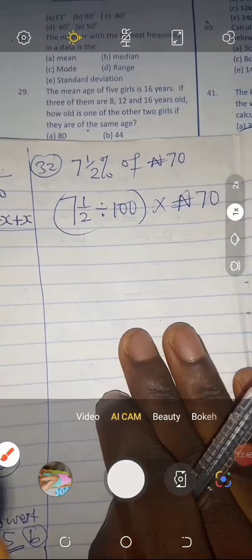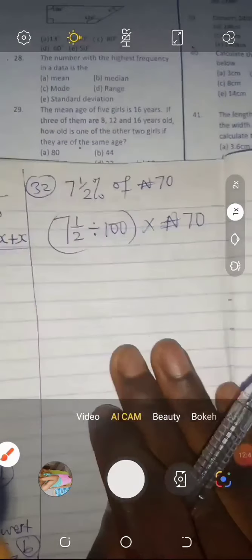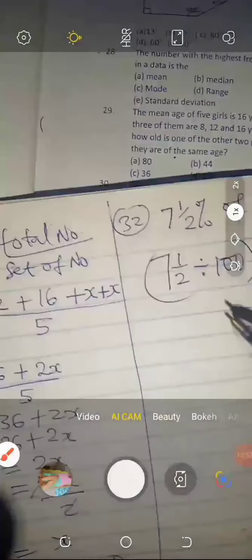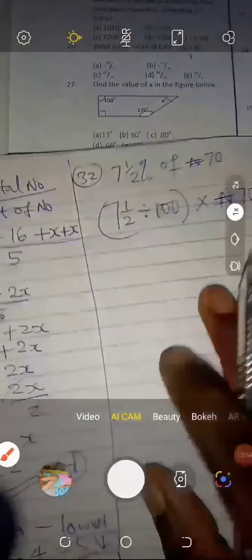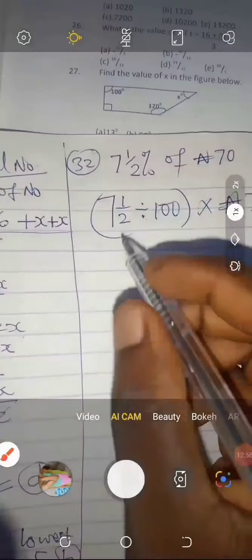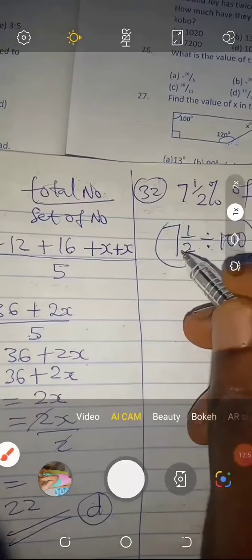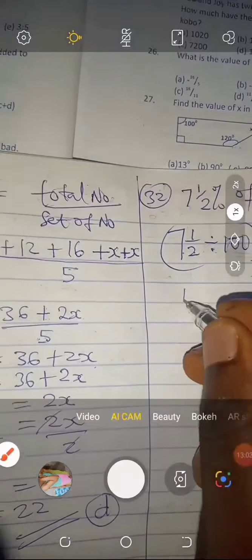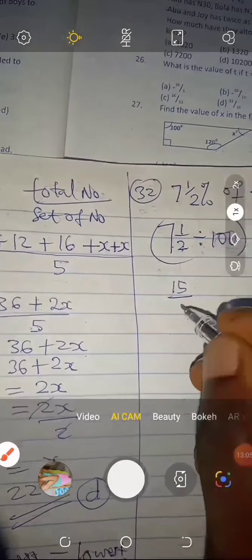But 7.5 is a kind of fraction itself, so we have to write it in this form to make it easier for us. So 7.5 over 100. Let's change this mixed fraction to an improper fraction. 7 times 2 is 14, 14 plus 1 is 15, all over 2.